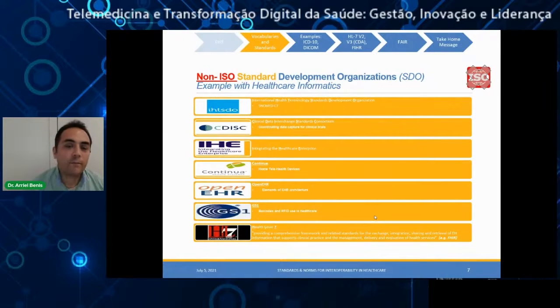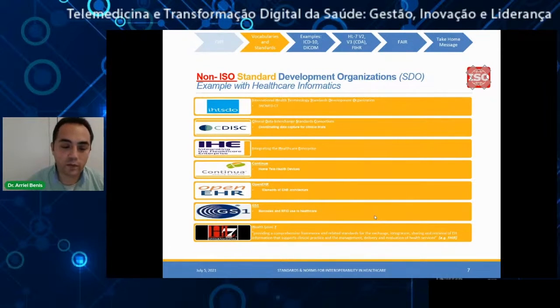In medicine and healthcare, we have different organizations dealing with terminologies like SNOMED, or with data capture and interchange like CDISC, IHE for supporting the communication between the different providers of devices, or openEHR for allowing development of EHR at low cost in an open perspective and supporting all the healthcare industry, or GS1, which is not related to healthcare directly, but allows tracking, for example, biological samples in labs.